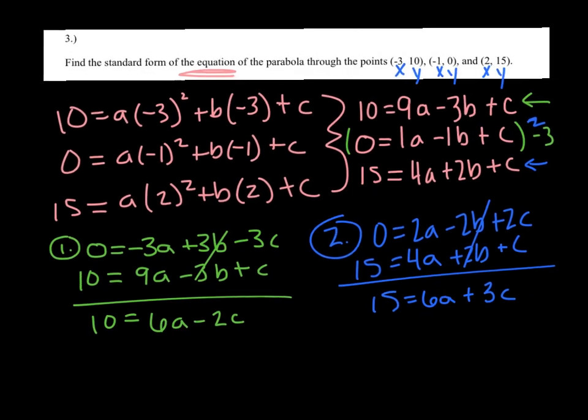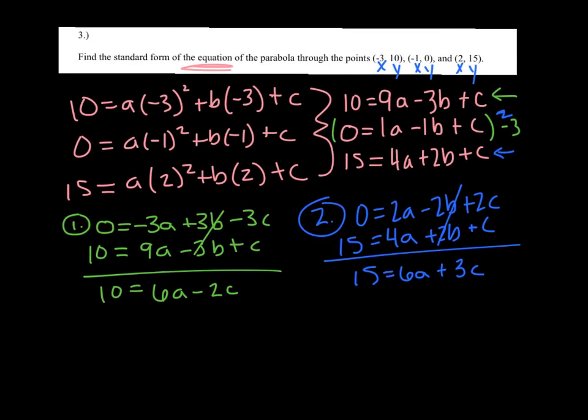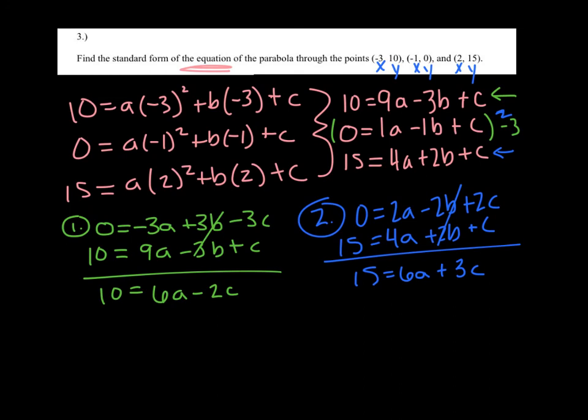So we have to use those two equations to now do regular elimination, to solve for A or C. So write them both together: 10 equals 6A minus 2C, and 15 equals 6A plus 3C.